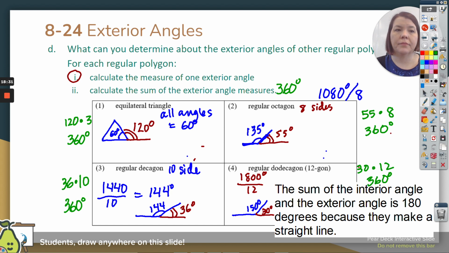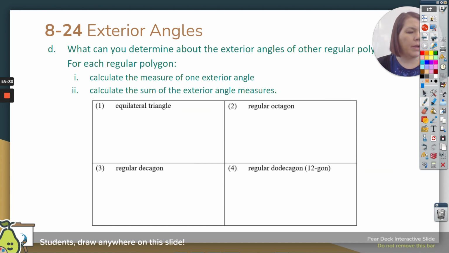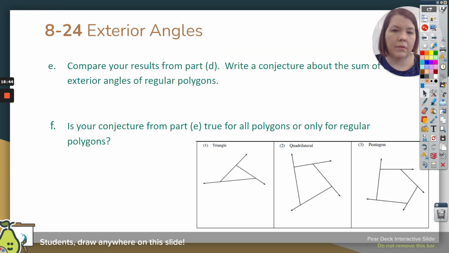All right, there we go. Compare results from part D, write a conjecture. I just told you the answer.